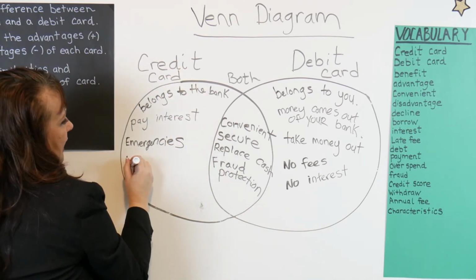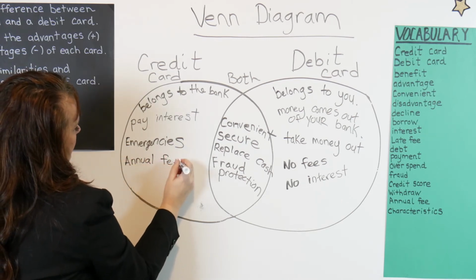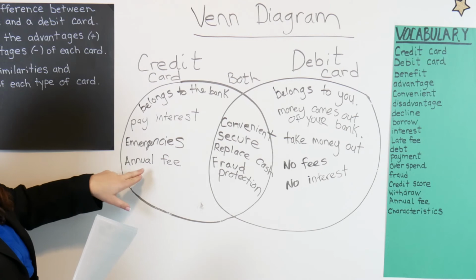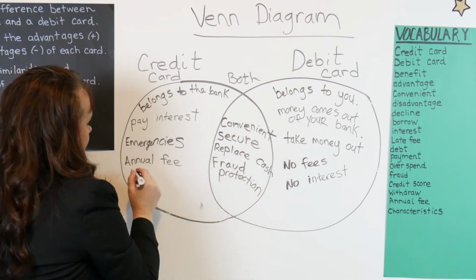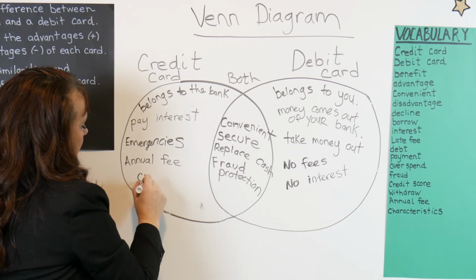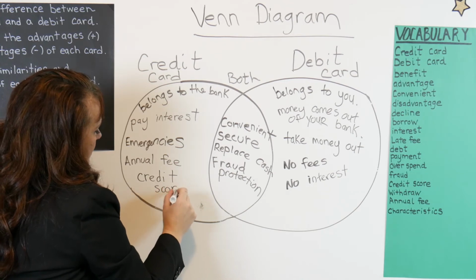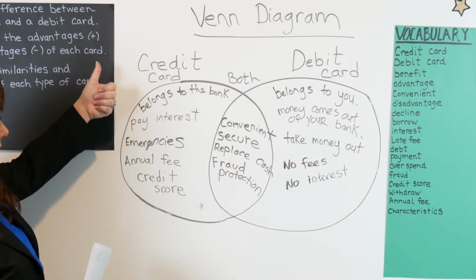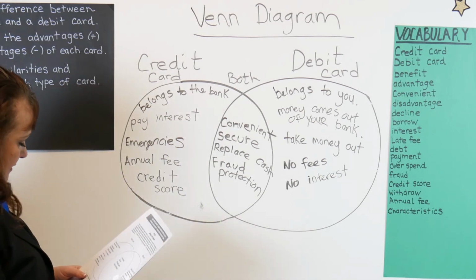Sometimes credit cards have an annual fee. That means every year you have to pay money to keep a credit card. But using a credit card, you can also get a better credit score. If you use your credit card well and you pay it off every month and you don't have any interest, it can improve your credit score.